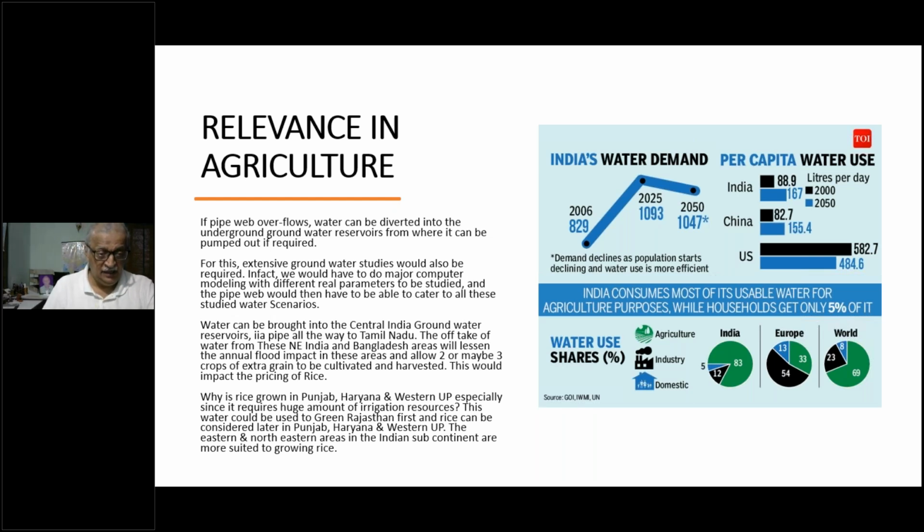So, speaking in the same parameter, why is rice grown in Punjab, Haryana, and Western UP, especially since it requires huge amount of irrigation resources? This water could be used to green Rajasthan first, and rice can be considered later in Punjab, Haryana, and Western UP.